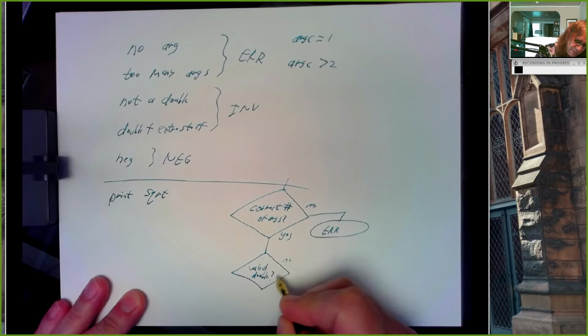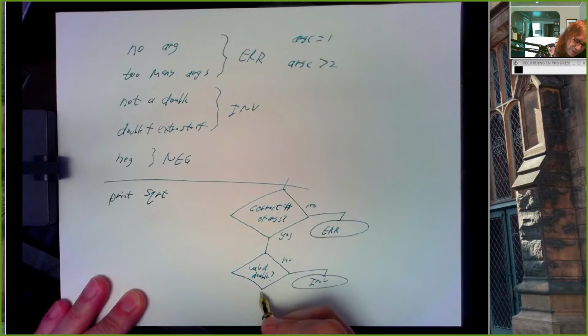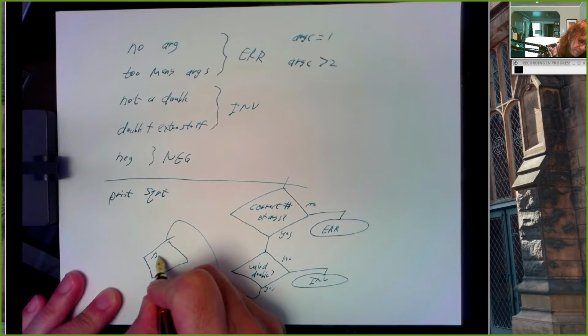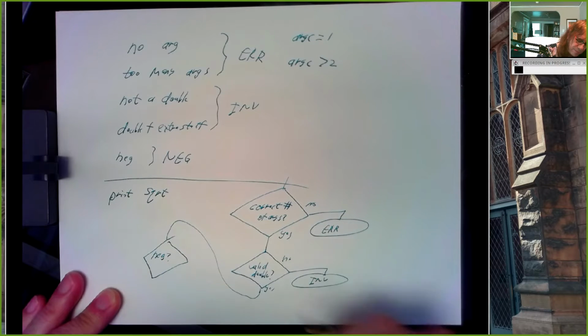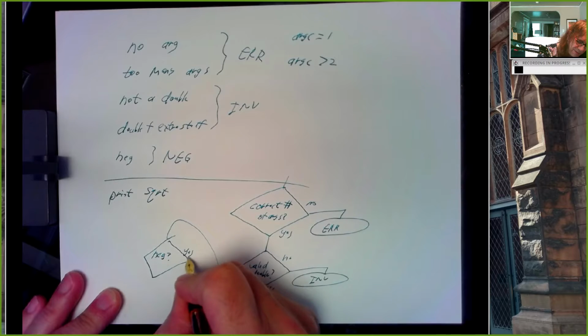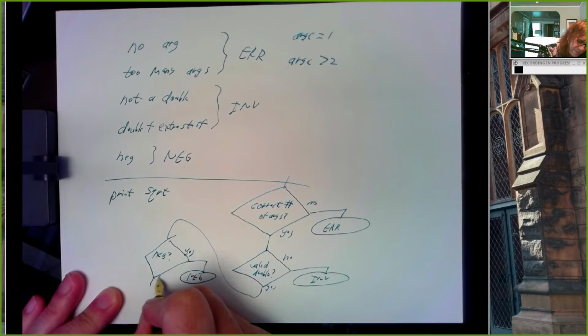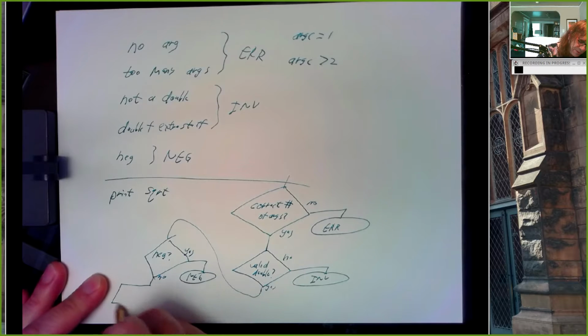And if it's not, then we print out the word invalid and we're done. But if it is, then we can check to see if it's negative. And if it is, we'll print out negative and we'll exit. Otherwise, we'll print the square root.